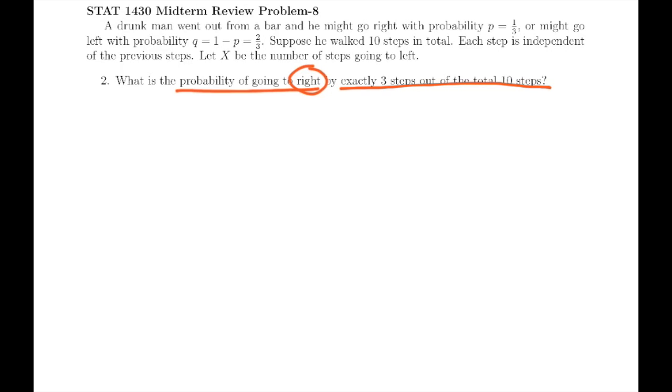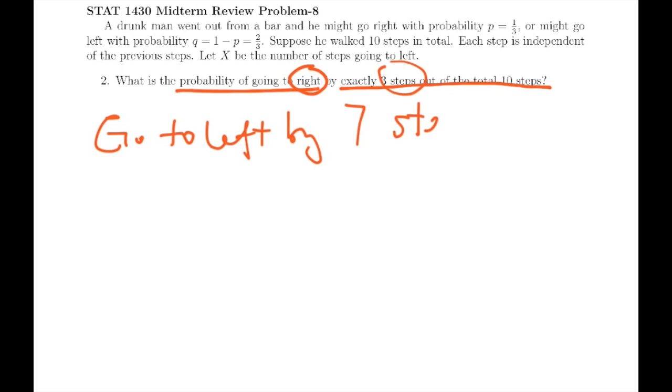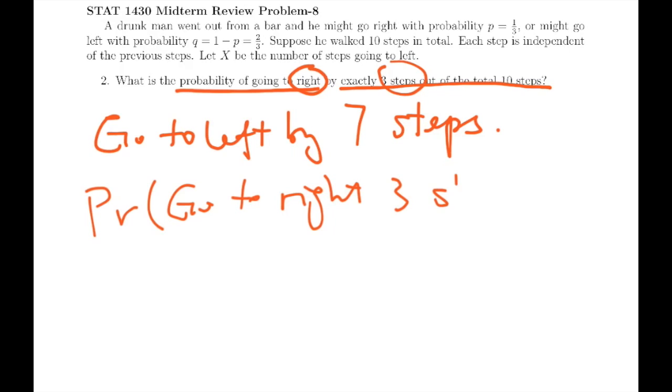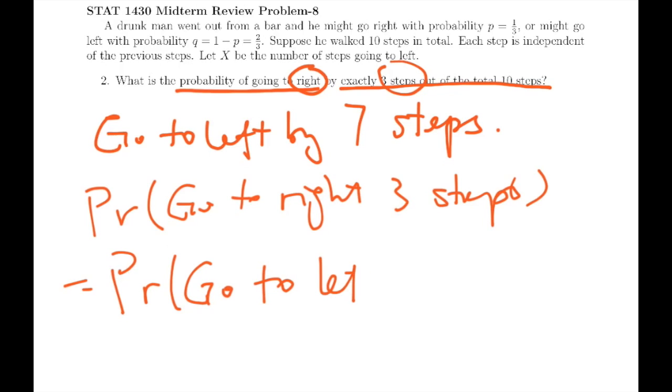And if this person goes to the right by exactly 3 steps, then that means this person goes to the left by 7 steps. So to find the probability of going right 3 steps, we're looking for the probability of this person going to the left by 7 steps.